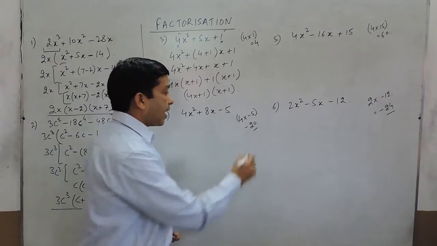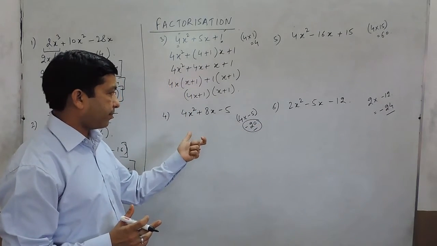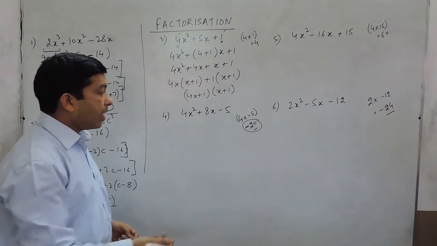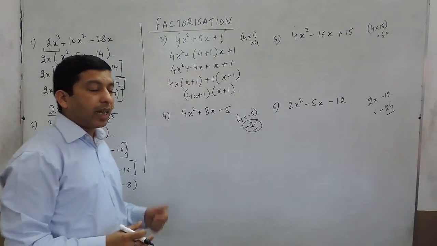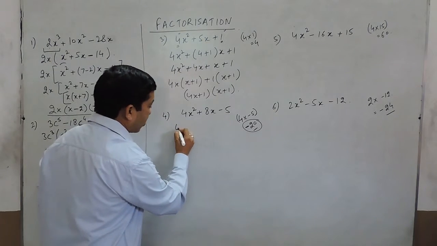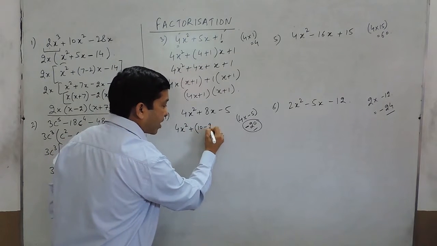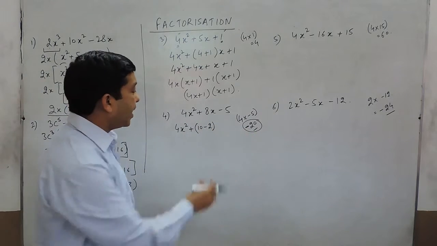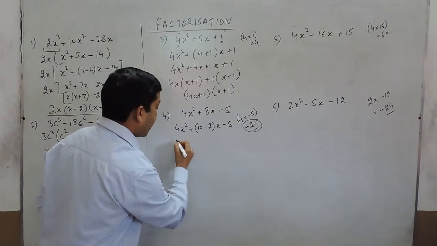Here we know that the middle term has to be broken into two parts, the multiplication should be minus 20. And as the multiplication is negative, it means the middle term should be the difference of two terms. So it is 4x square plus 10 minus 2. 10 multiplied by minus 2 becomes minus 20, and 10 minus 2, the difference, is 8x minus 5.